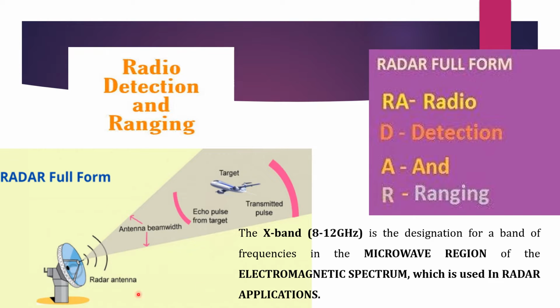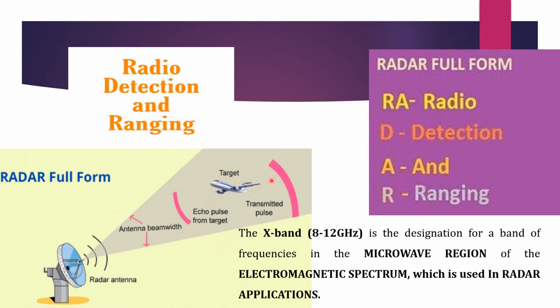Here I have given you a short picturized example of how radar works. Basically, there is a radar antenna which continuously transmits electromagnetic waves towards the target.